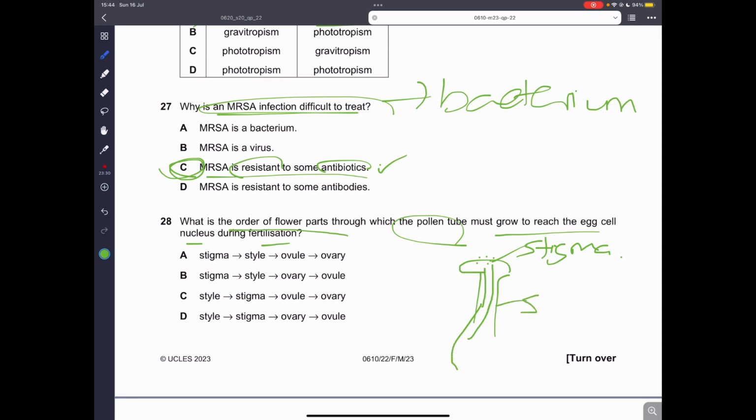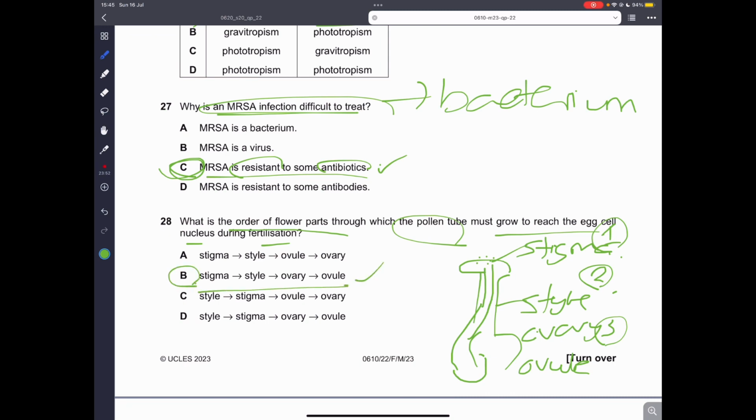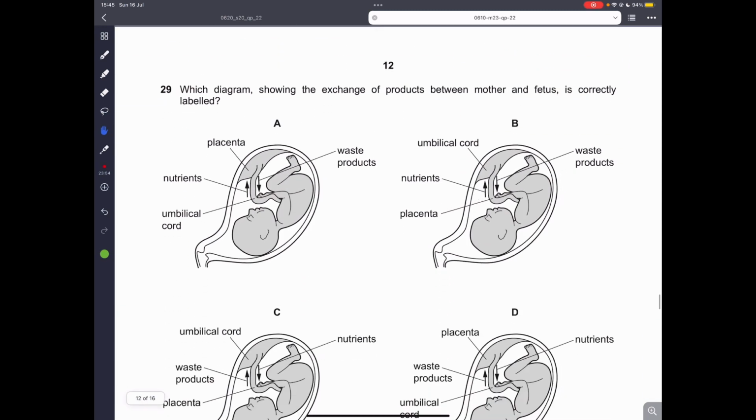Down the style. This is the style. And then down the ovary, and then towards the ovule. So it's going to be stigma first, style second, ovary third, and then finally to the axil inside the ovule. So it's going to follow this pathway, therefore B is the correct answer.